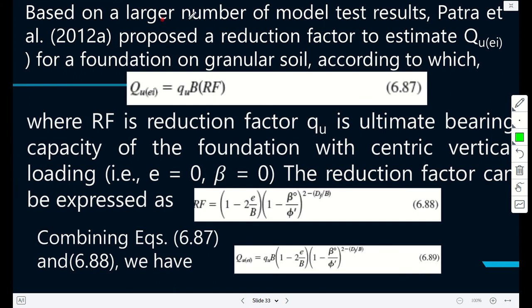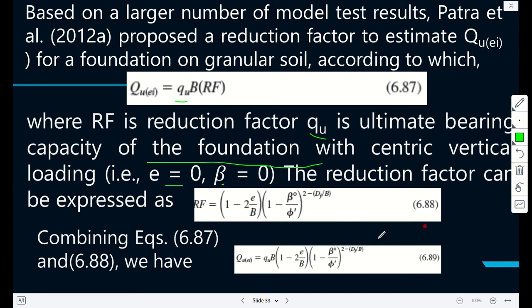Based on a large number of model tests, Patra proposed a reduction factor for the foundation. So this would be the ultimate bearing capacity times the breadth times some reduction factor. This is the ultimate bearing capacity, which we already know, of the foundation with eccentric vertical loading. If e is 0 and beta is 0, the reduction factor can be expressed as follows.